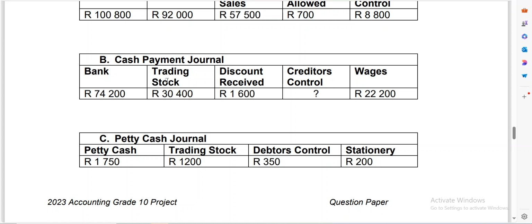So if you check this, our trading stock is 30,400 we bought. Then what you can do is to try to check which accounts were credited, which accounts were debited, right? Now what we can do here is to check. We can maybe write the information somewhere.